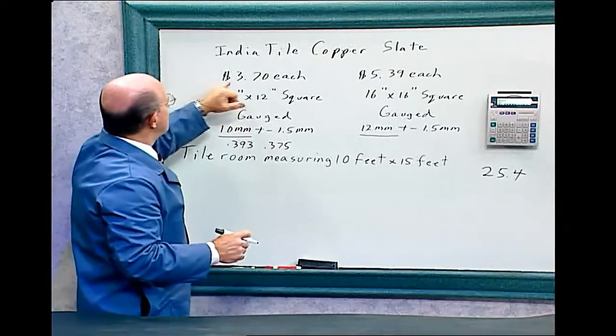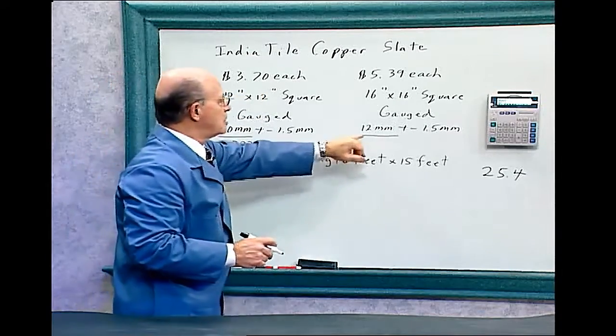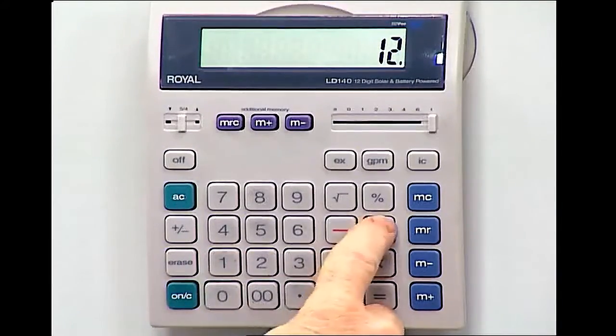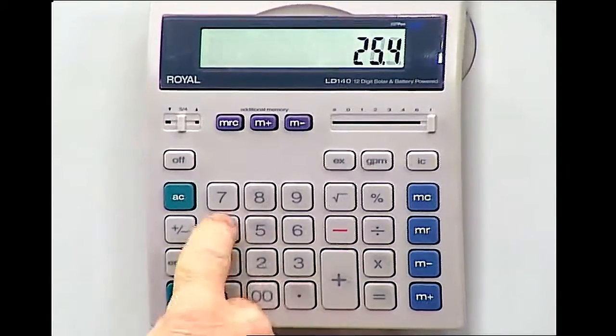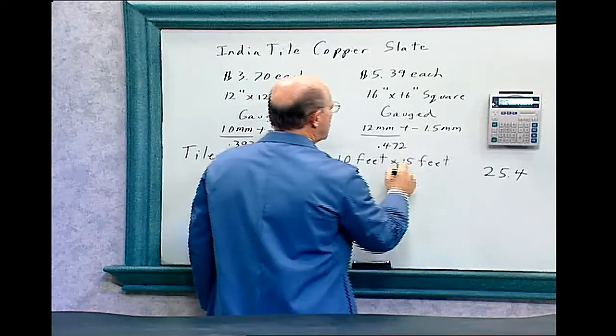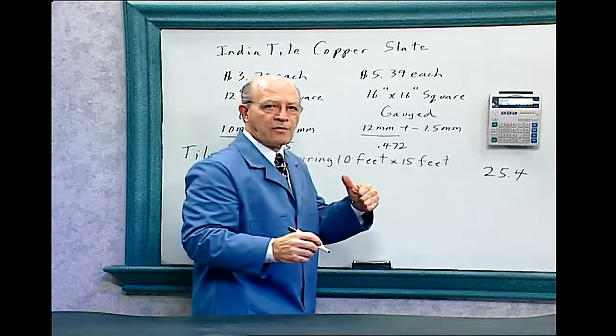This tile sells for $3.70 each. Let's find the thickness of the 12 millimeter. 12 millimeters divided by 25.4 equals 0.472, and that's a little under a half inch.